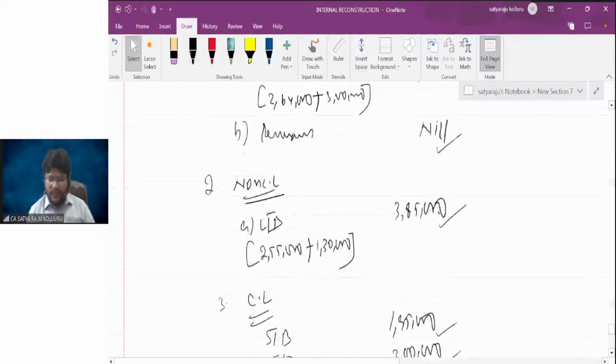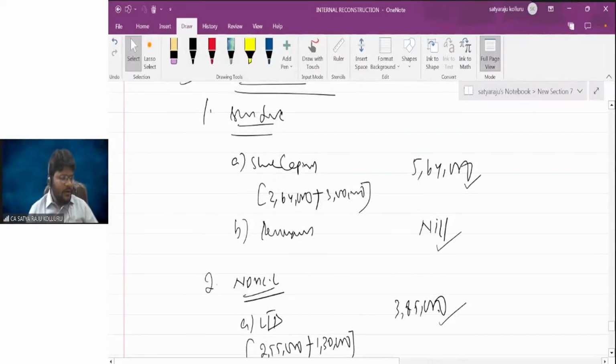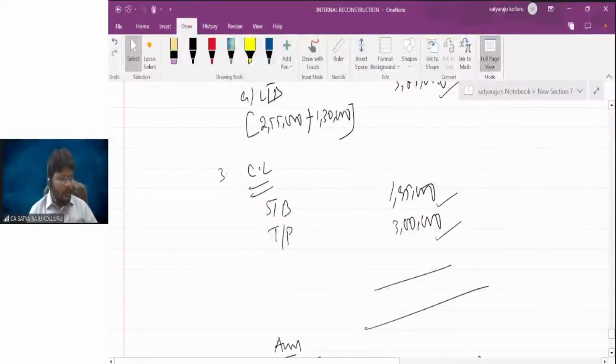Just make the totals. At that point of time, we didn't provide any totals. 5,64,000 plus 3,85,000 plus 1,95,000 plus 3 lakhs. I got 14,44,000.